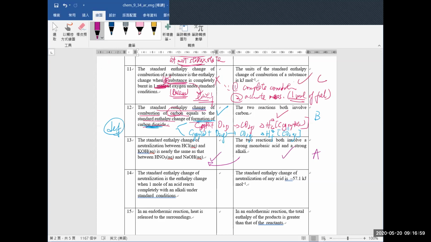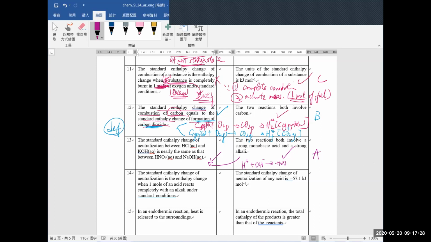So in order to answer that question, you need to refer to the ionic equations. Both equations, they will give the same ionic equations. Somebody will say that one more water. Yes, you just tell me the fact, but you did not tell me the reason.